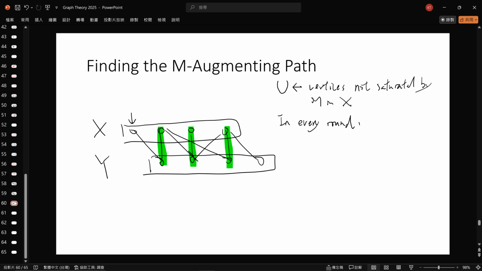So we're going to maintain two sets, S and T. S is just the set of vertices in X which can be visited by an M alternating path from U.